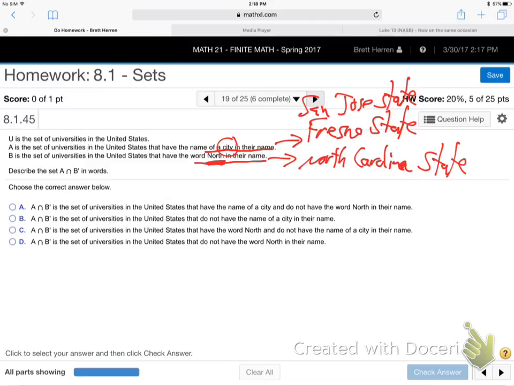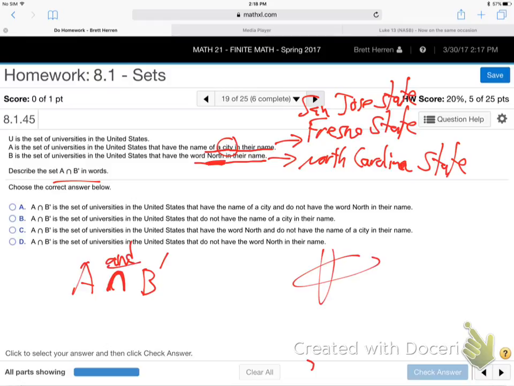Choose the correct answer. Describe A intersect B complement in words. That gets a little tricky. What are they saying? Well, what does this symbol mean? Overlap. It means, right?